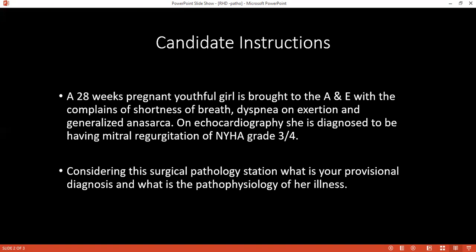Okay, so if you have read and understood, considering a surgical pathology station, kindly tell me what provisional diagnoses you will consider for this patient?